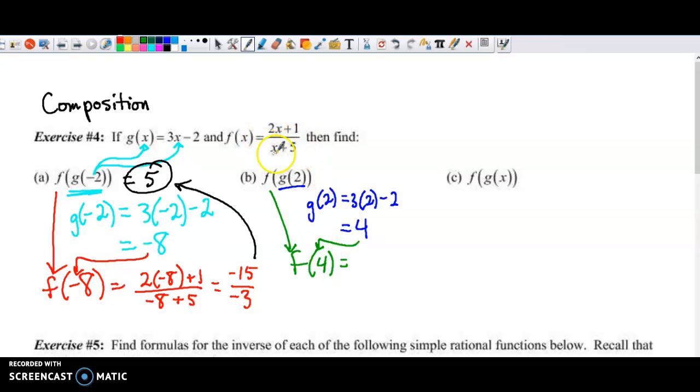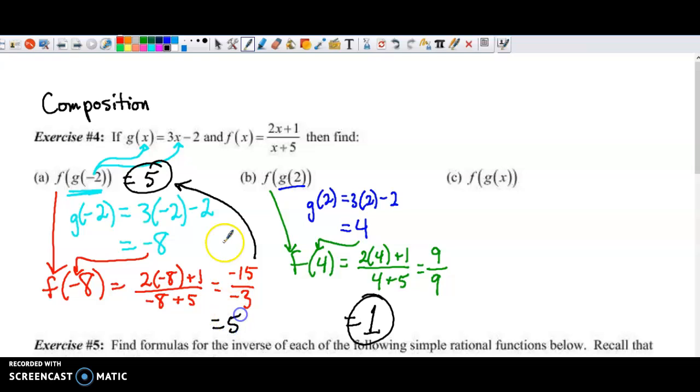So I'm going to the f function and plugging in 4 for both x's. So 8 plus 1 is 9, 4 plus 5 is 9, and so this final answer is 1. I'll go ahead and write it right here. I guess I could have done that with 5 with the previous problem as well.